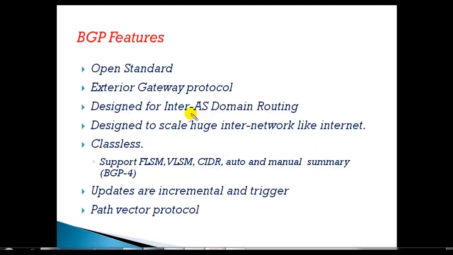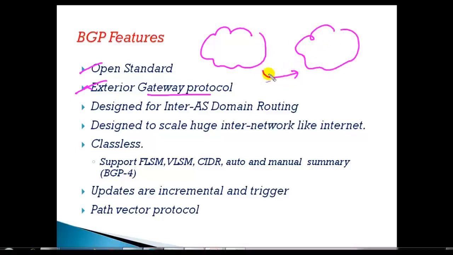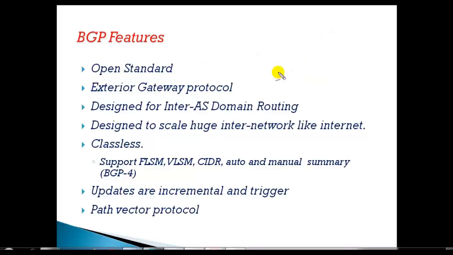So first we'll start with some of the basic features of BGP. BGP is a standard protocol. You can run this protocol on any vendor device, and it is an exterior gateway routing protocol. Exterior in the sense it is going to exchange the routes between two or more different autonomous system numbers. So we call it an exterior gateway protocol, and it is specially designed for inter-AS domain routing.